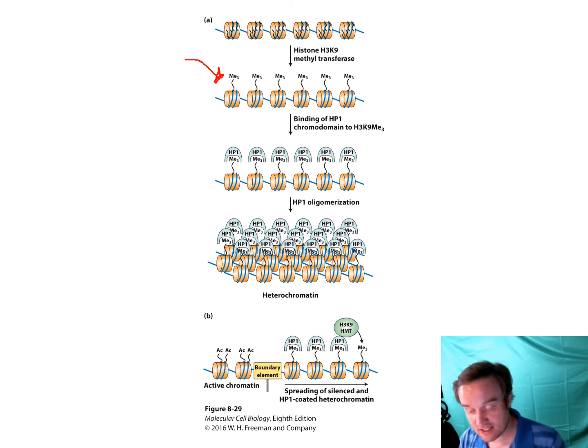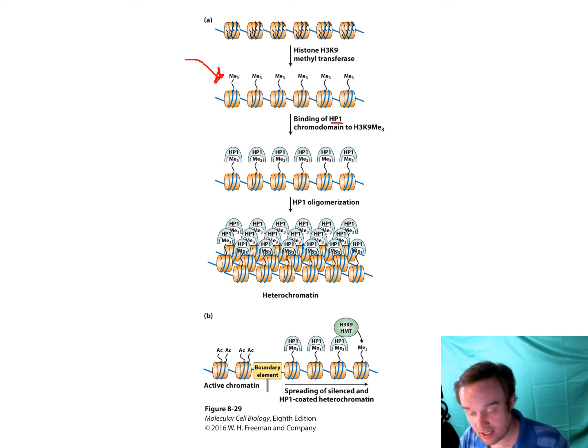What happens is this HP1 protein will come in and bind to that methylated residue, the lysine at position 9. And then these HP1 proteins all kind of bind together, right?